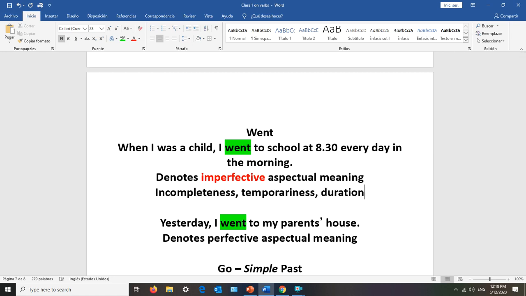Those tend to be associated with imperfectiveness.